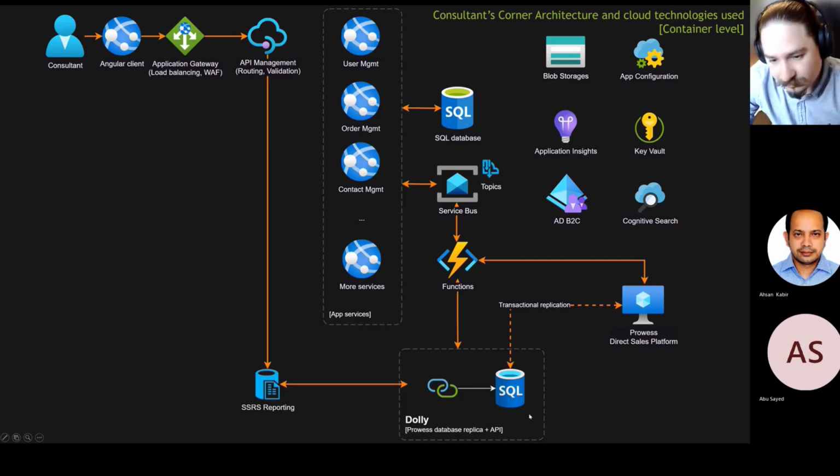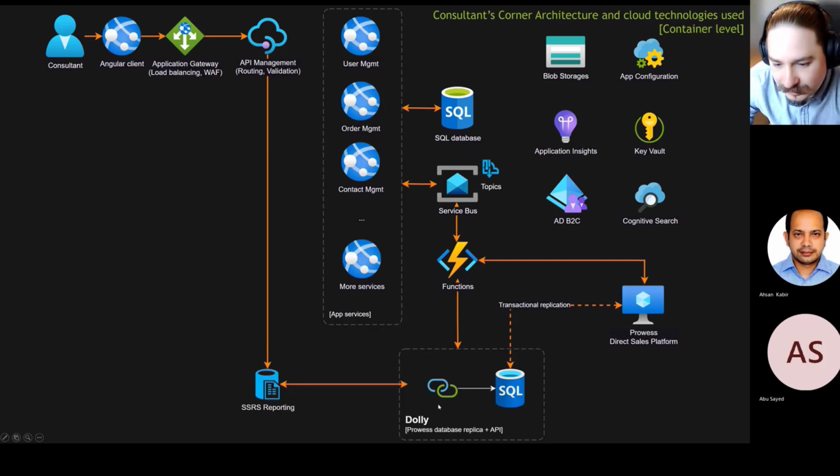That's called Dolly here, and we have a secure database that is a transactional replica of the Prowess system database. So each action is represented here, and we can track the changes, and therefore we can pull and sync changes to our database as well.